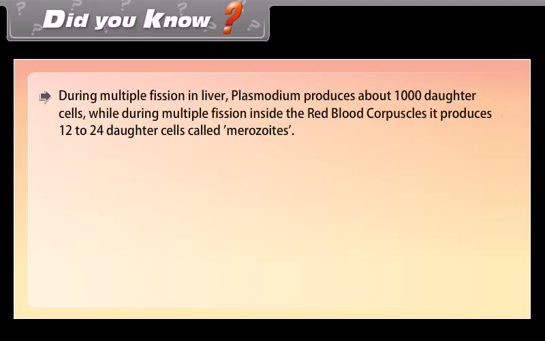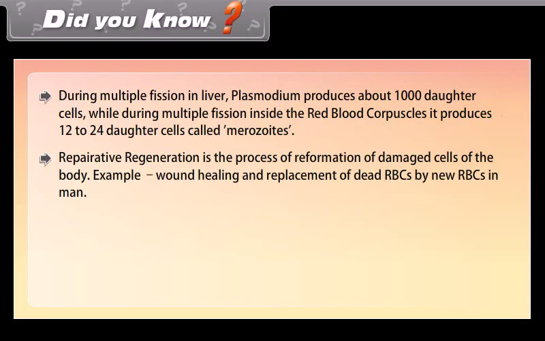Did you know, during multiple fission in the liver, Plasmodium produces about 1,000 daughter cells, while during multiple fission inside the red blood corpuscles, it produces 12 to 24 daughter cells called merozoites. Reparative regeneration is the process of reformation of damaged cells of the body.